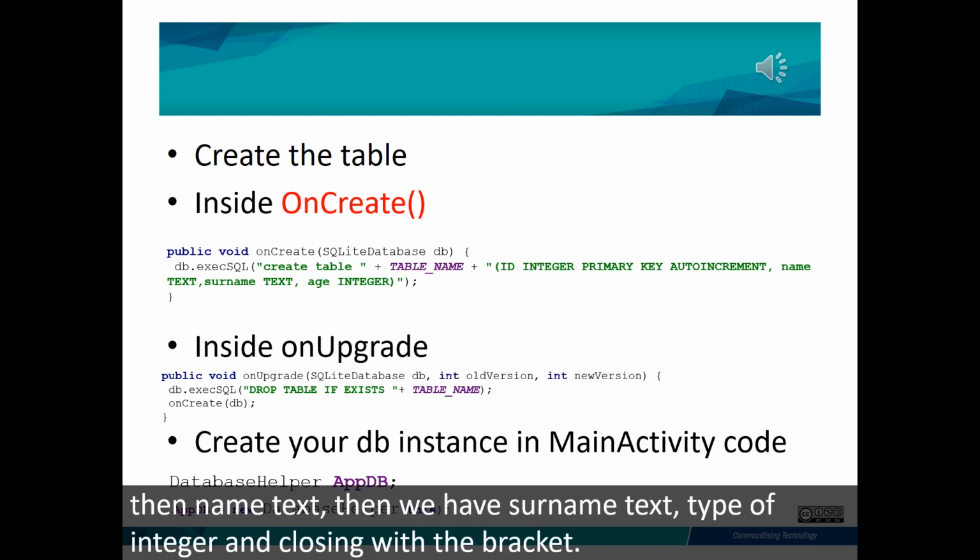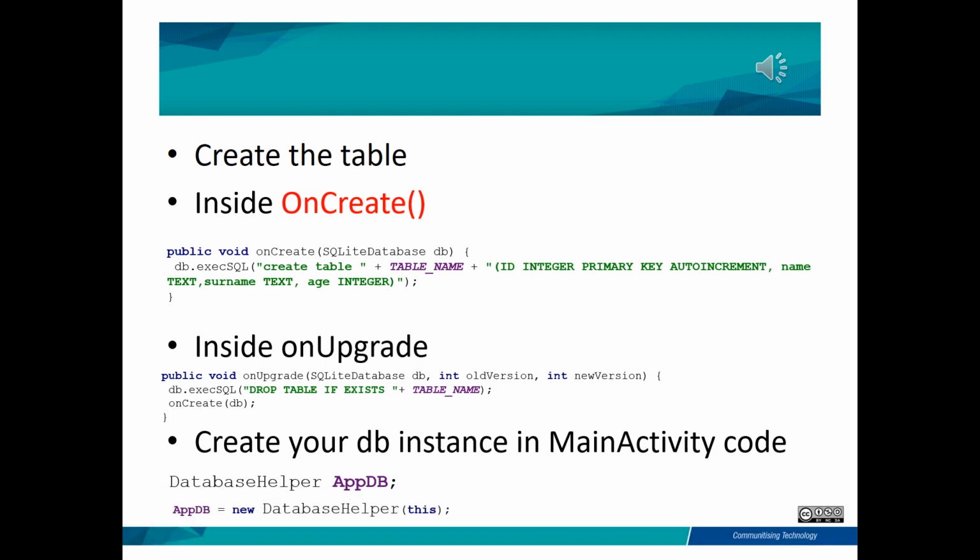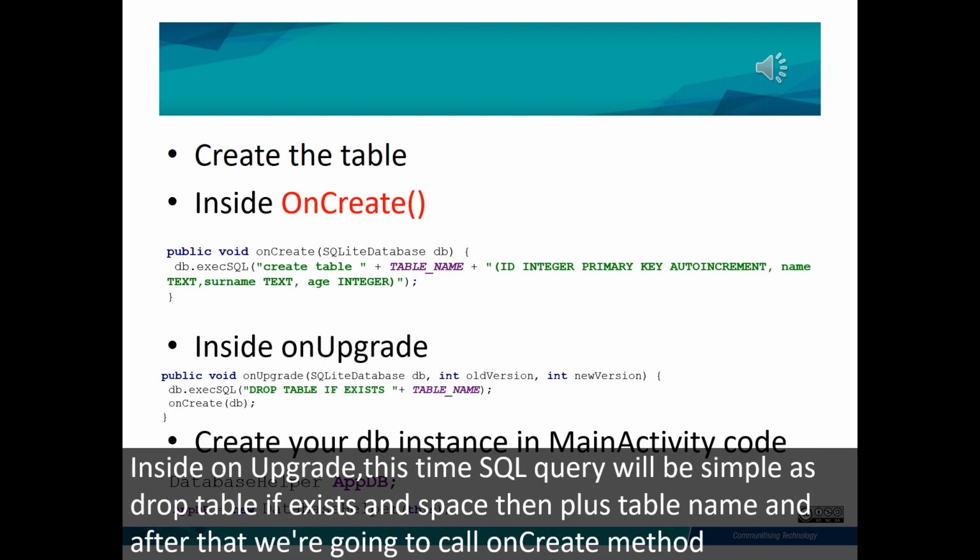Then name text, then we have surname text, age of integer, and closing with the bracket. Inside onUpgrade, this time SQL query will be simple as drop table if exists and space, then plus table name, and after that we are going to call onCreate method.